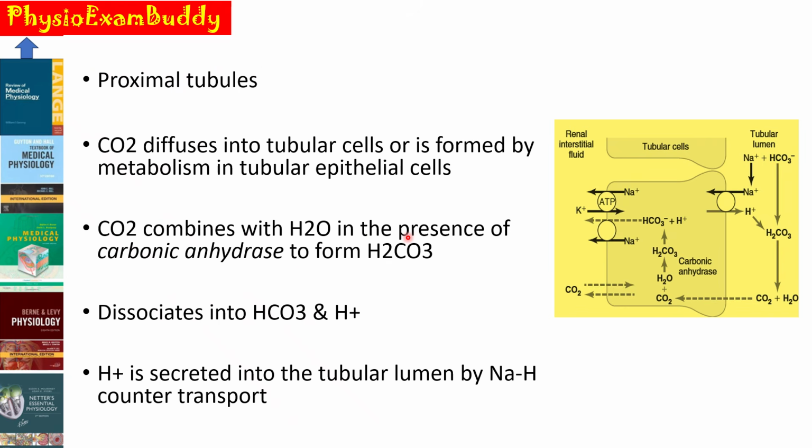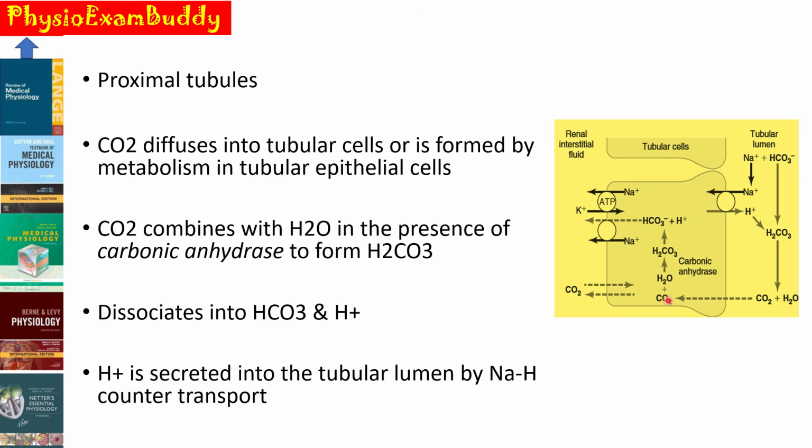First of all, we will see the secretion of the H plus along with the reabsorption of the bicarbonate occurring in the proximal tubules. And this is the diagram you have to draw while explaining this in the answer. It is usually carbon dioxide that will diffuse into the tubular cells, or it can also be formed by the metabolism inside the tubular epithelial cells.